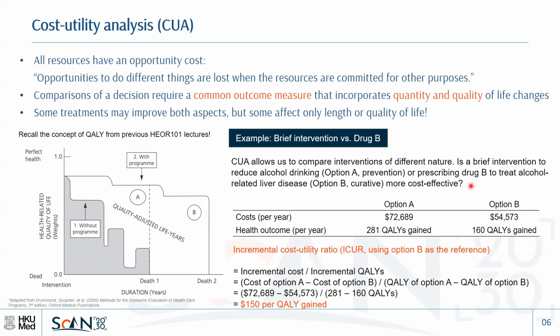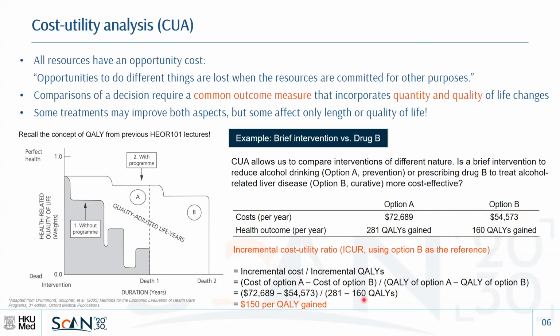Upon the clinical trial results, option A will cost more than $70,000 per year with an expected 281 QALY gained per year, while option B is associated with an annual cost of over $44,000 with 160 QALY gained.